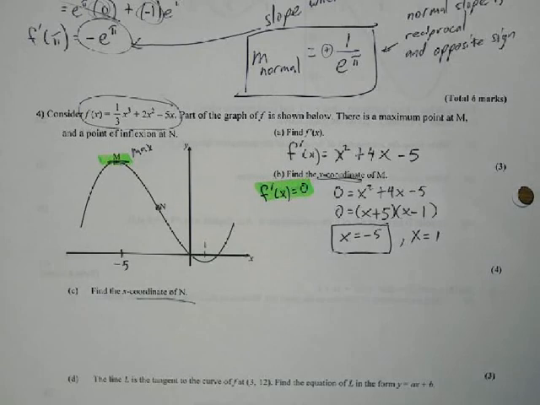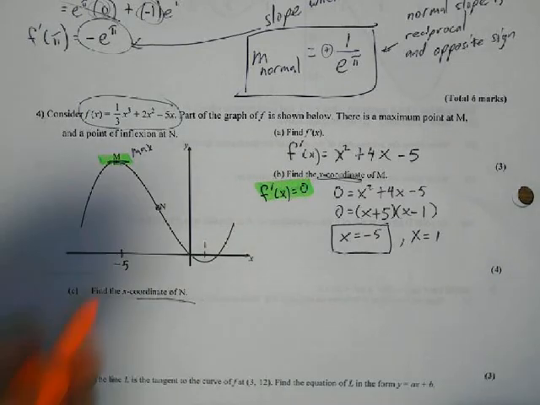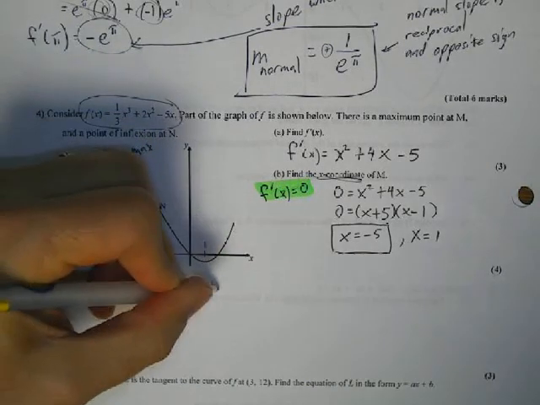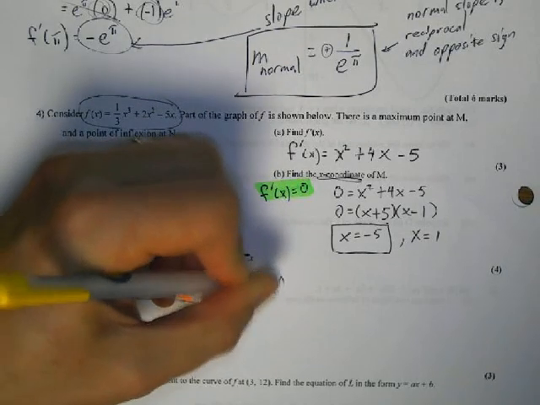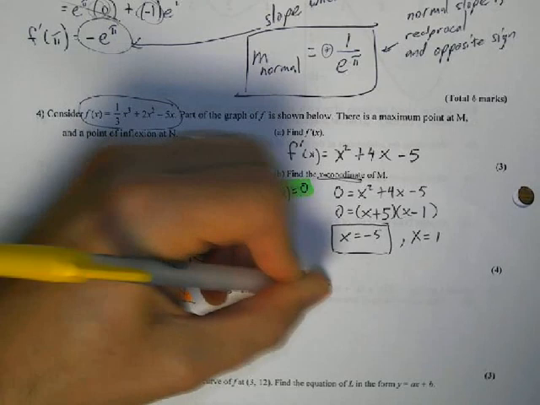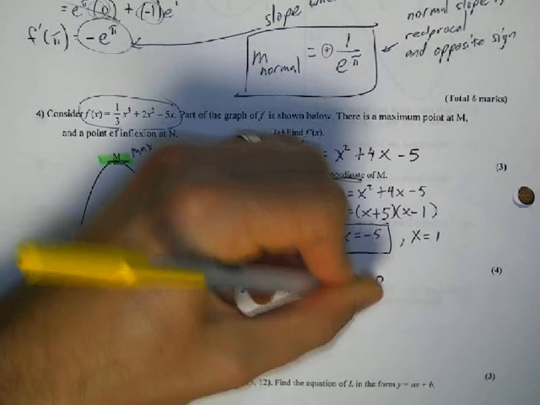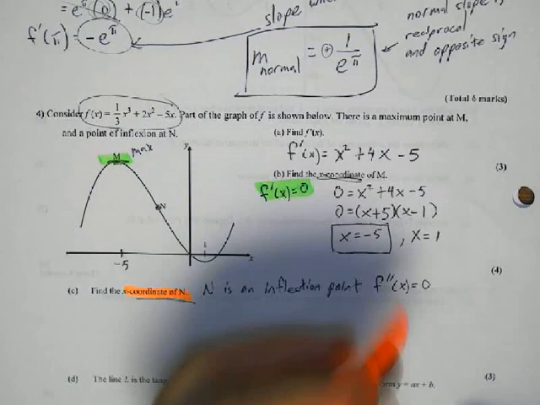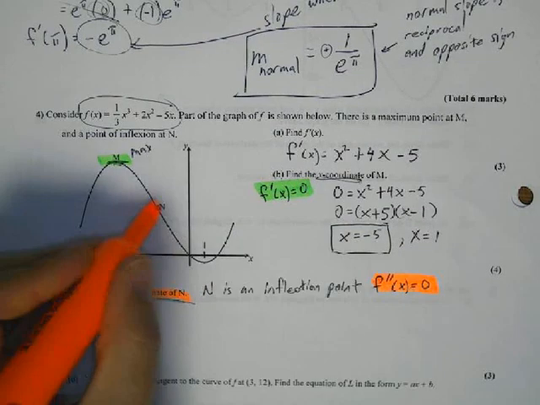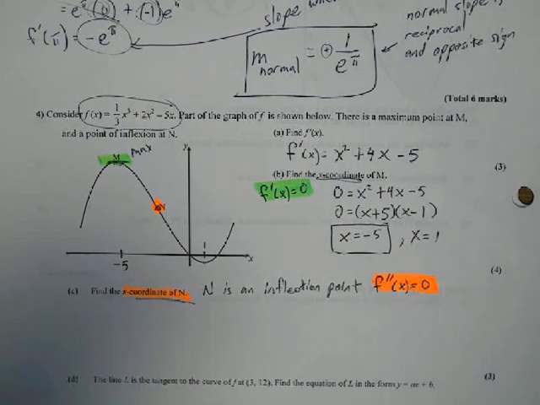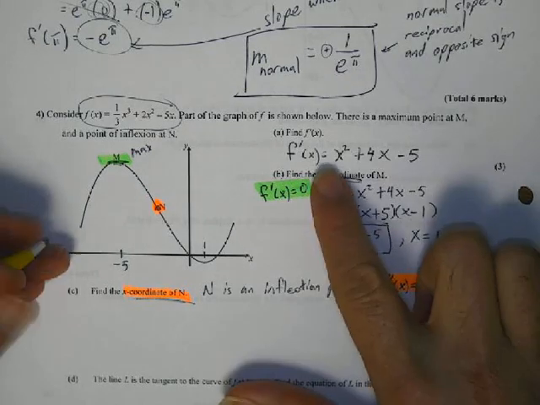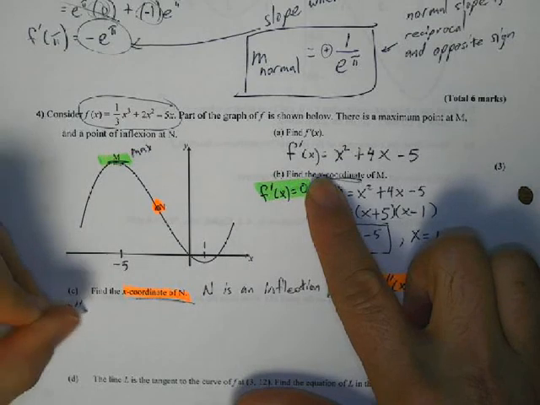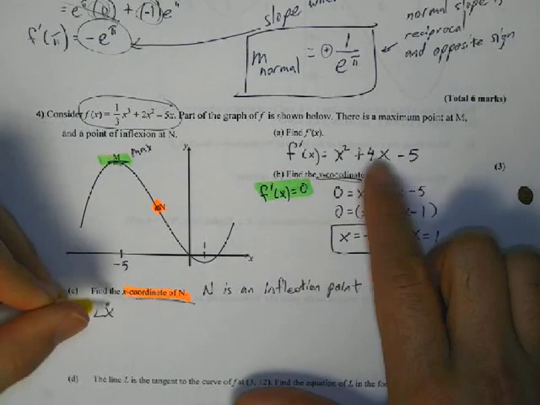Okay, so n is an inflection point. And inflection points happen when the second derivative equals 0. So let's make that second derivative equal to 0. So here we've got the first derivative is x squared plus 4x minus 5. My second derivative is going to be equal to 2x plus 4.